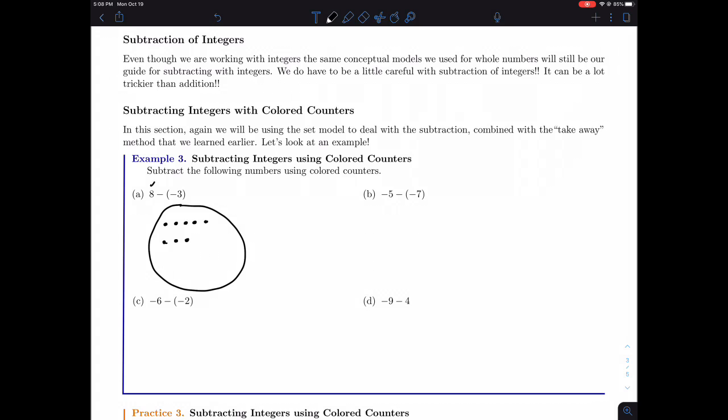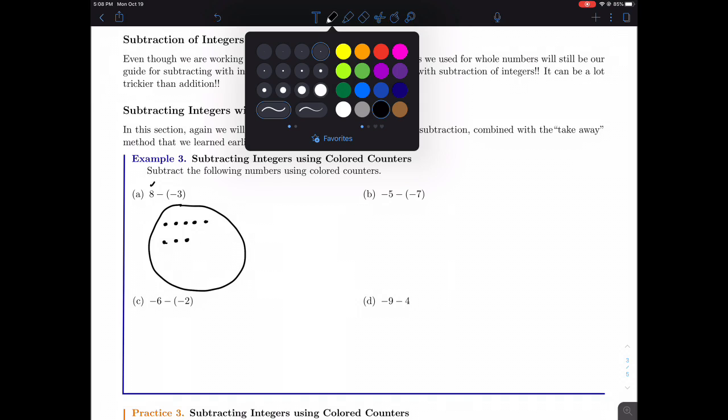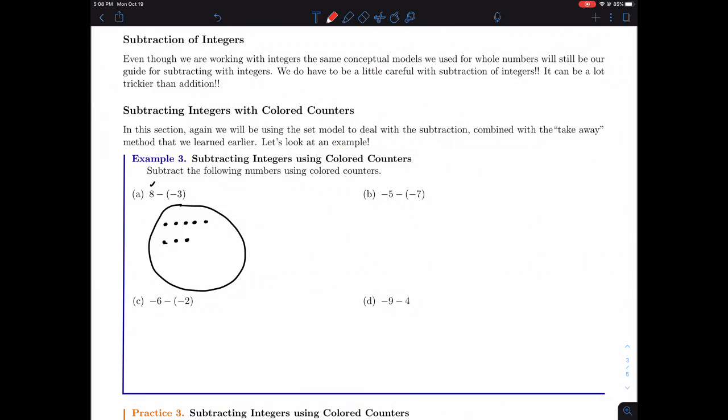I know I want to take away 3 of these red tokens, so I need to introduce 3 red tokens to the set. I'm going to put them down here so they're out of the way. But I can't change the structure of the circle, so it still has to contain 8 total elements.